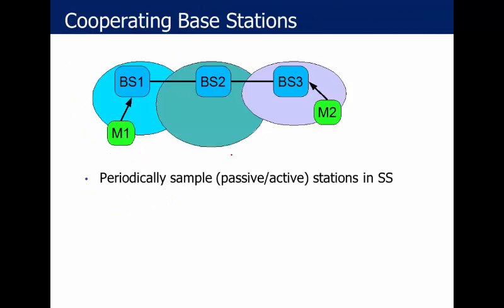That's what they do. For example, if you have base station 1, base station 2, and 3, base station 1 has this coverage, 2 has another coverage, and 3 has another coverage.